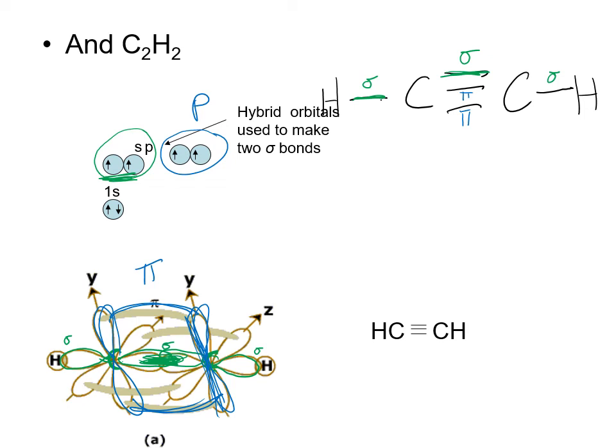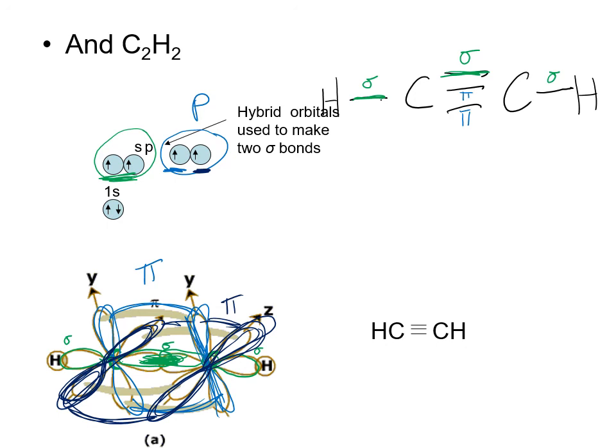The second pi bond would be with 2 other p orbitals, 1 on each. If these guys here have this other double-lobed p orbital, and this one has it running on the same plane, then they can share another overlap around and form a second pi bond.